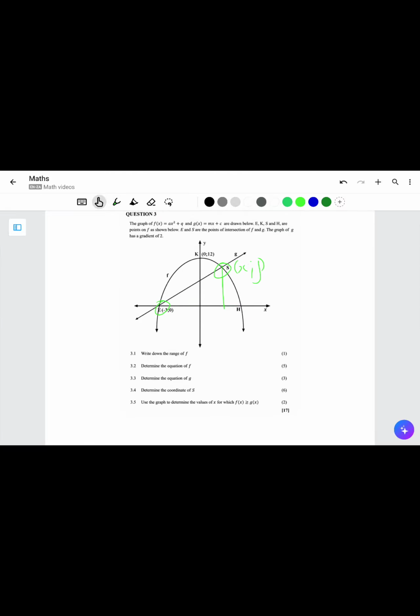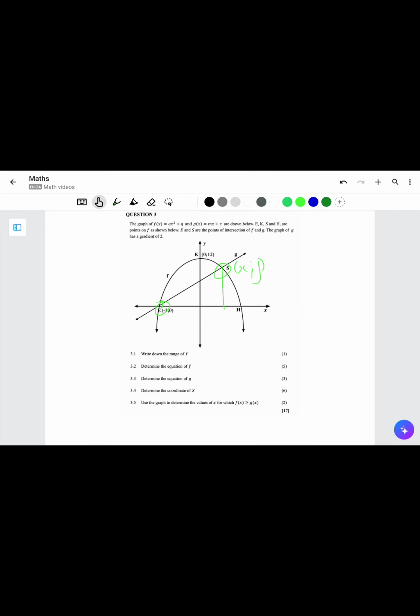So where is f of x greater than g of x? We can see there it is at the point x is negative 3, as you can see it there. Let me just show you. There we go, just there. And also at the point x is equal to 3 over 2.